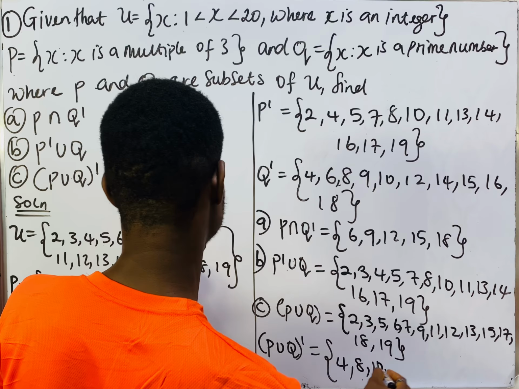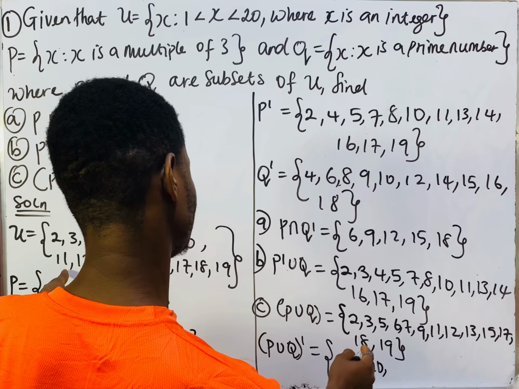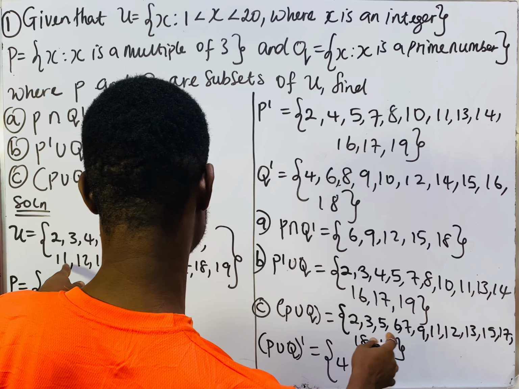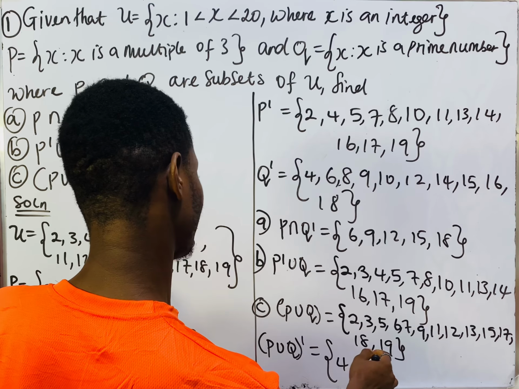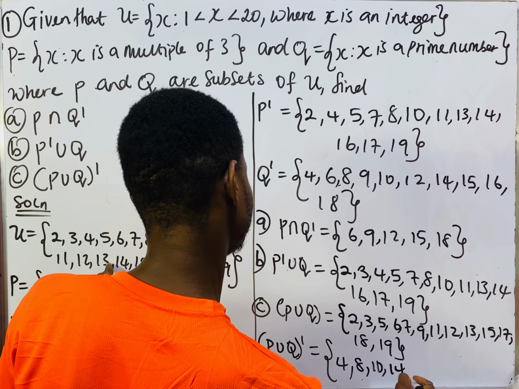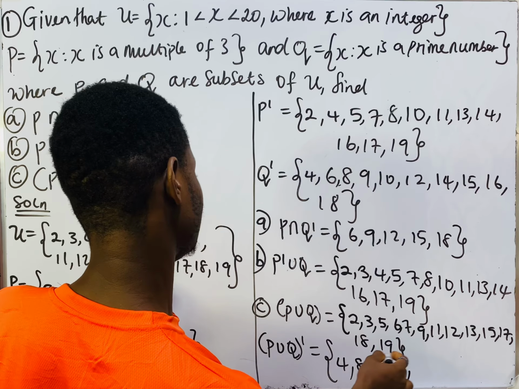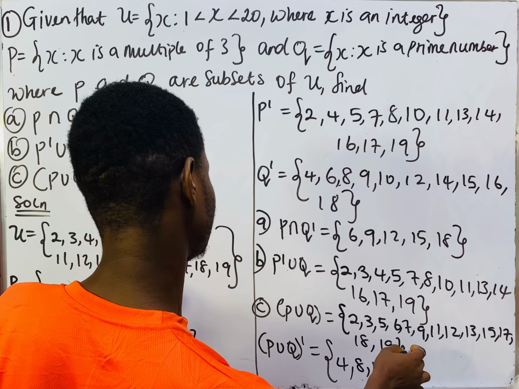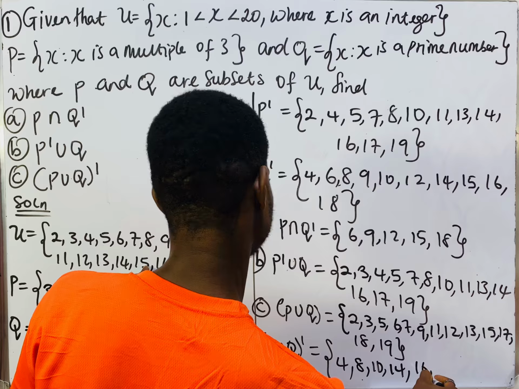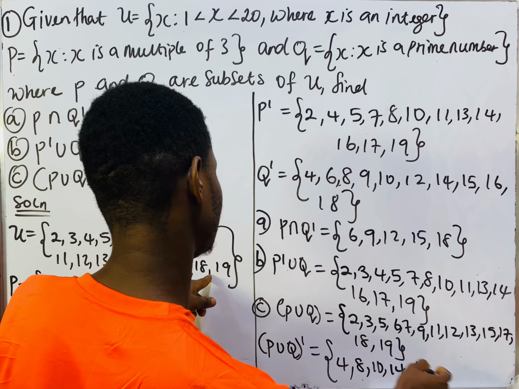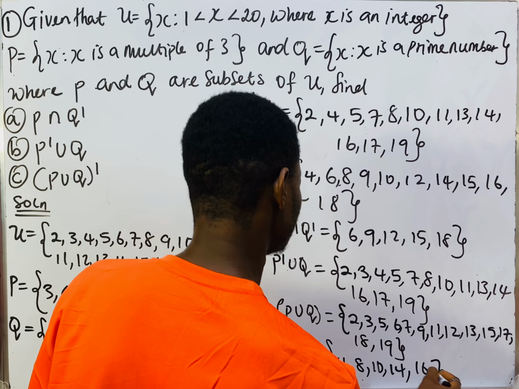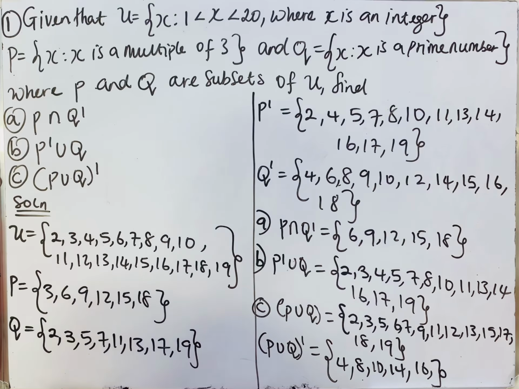No, so you put 10. 11 is here, 12 is also here, 13 is also here. 14 is not there. 15 they have. 16 is not there. 17 they have. 18 they have. What of 19? So this is P union Q prime.